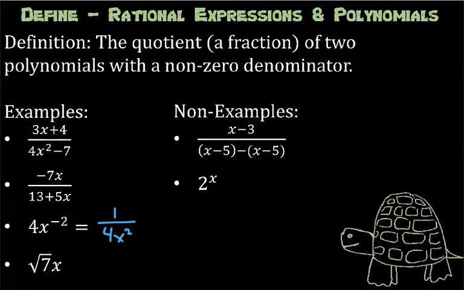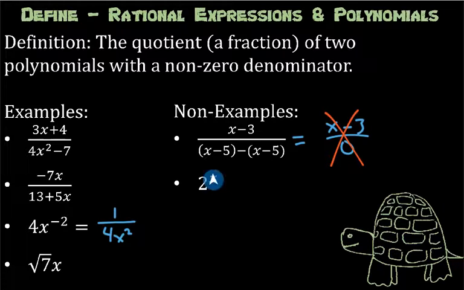This one here is a non-example because down here we have x minus 5 minus the quantity x minus 5. And if we do that subtraction, we have in the numerator x minus 3 over 0. And that is not a rational expression.